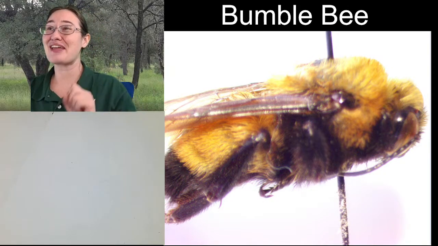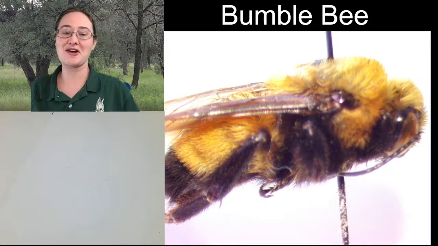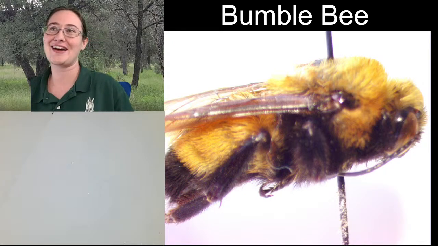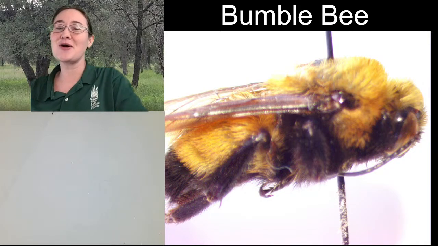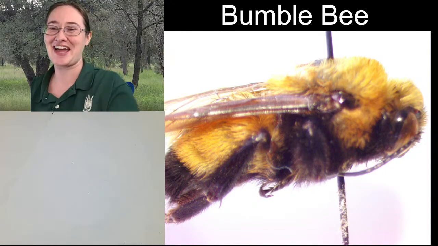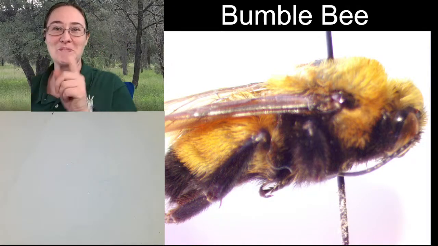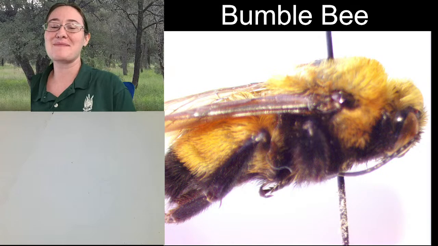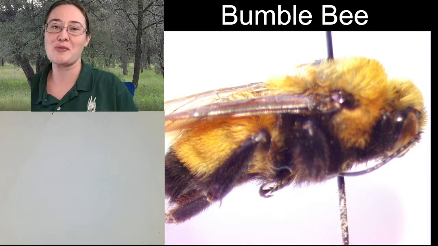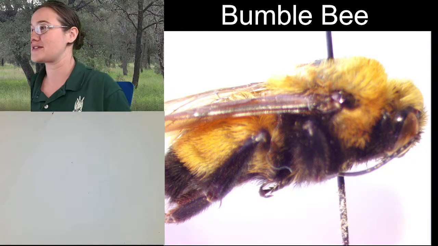I do have a handful of bees that are pinned, and they are in the unidentified box. So maybe one of these days we could go through and identify the bees, so then I'll know what they are when we do them. I haven't taken a lot of time to go back and ID some of my bugs recently.